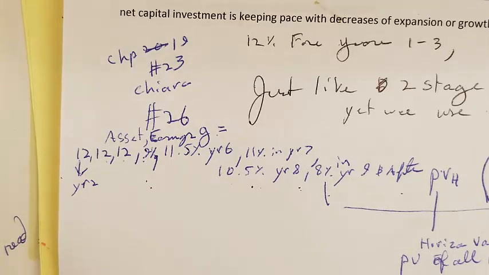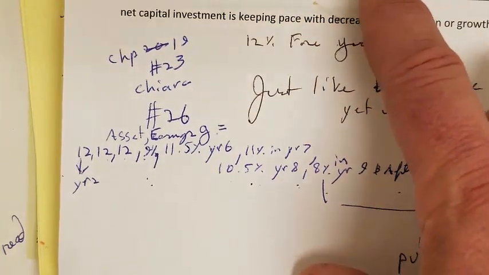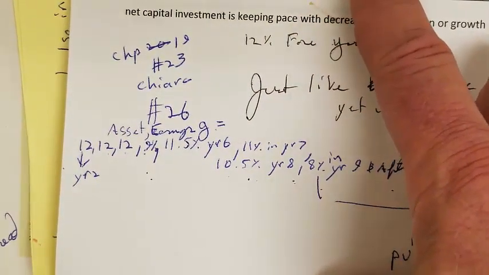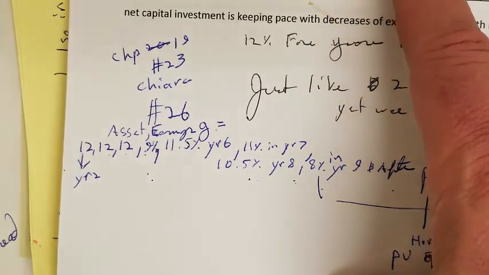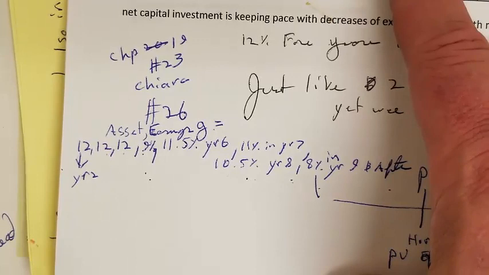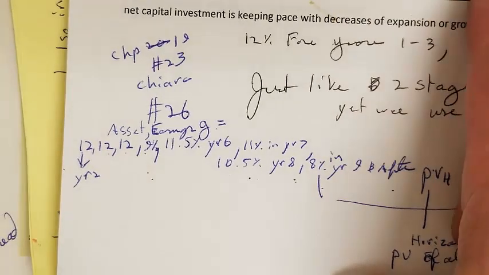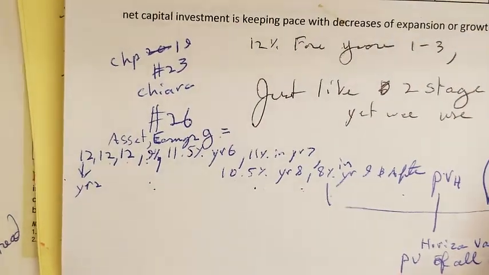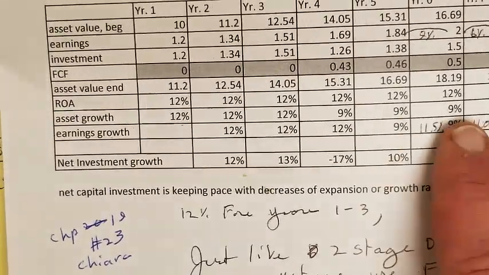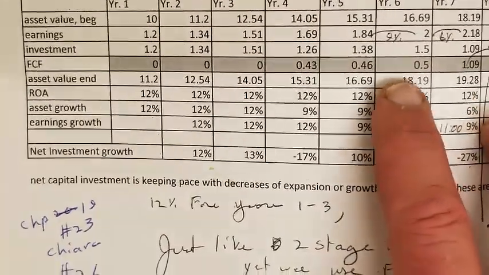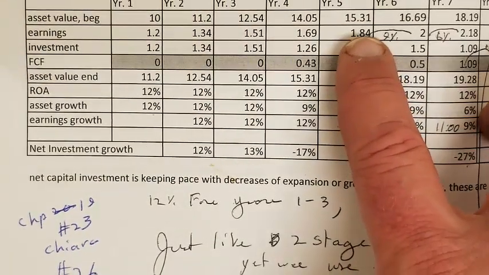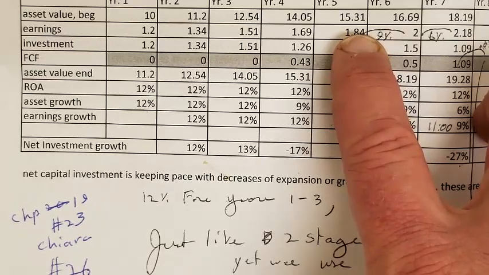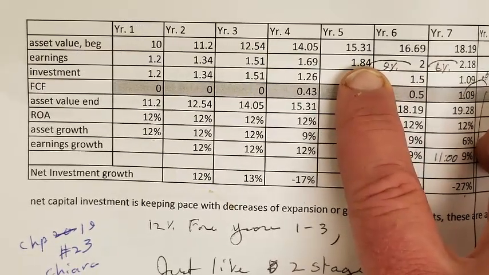We've got asset growth in this one, 12%, out to year 3, and asset growth goes from 9%, assuming 9% from year 4 to 6, and then from year 7, 8, 9, 10, 11, which is the one that I would prefer that you actually know, and then just be able to say, okay, well, based on the asset value, okay, and I'm basically going over just what I'd like you to know from this problem.